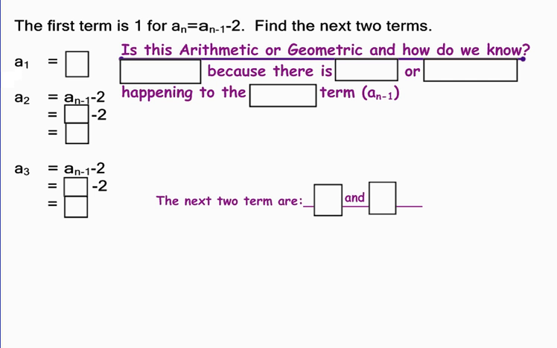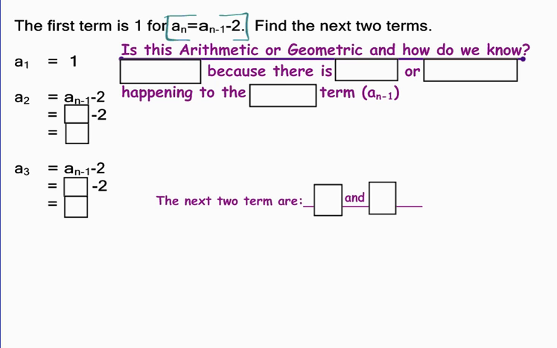Okay, so let's look at a sequence. And here's a sequence right here, written in a recursive formula, with the first term we have being the number 1. And I need to know, is this geometric or arithmetic? And how do we know this?